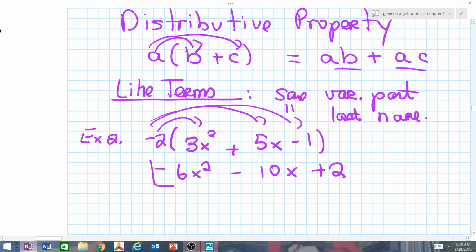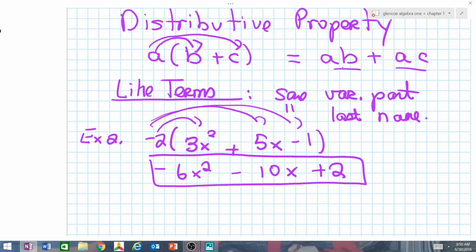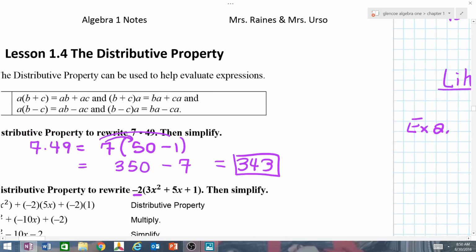So this problem is a little bit different from the one that's in your notes, so make sure you are looking at the one that I am doing. Negative 2 times 3x squared plus 5x minus 1. Look at the very end here and see if any of these terms have the same variable part. If they do, we would combine them. In this case, they cannot be simplified.